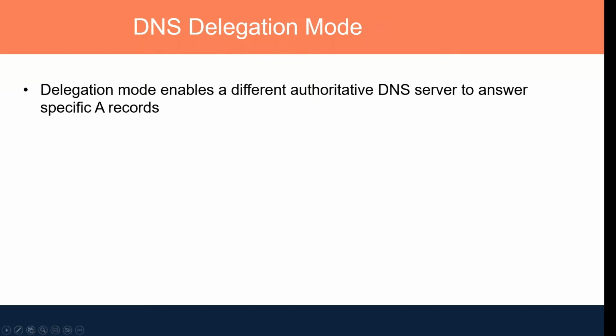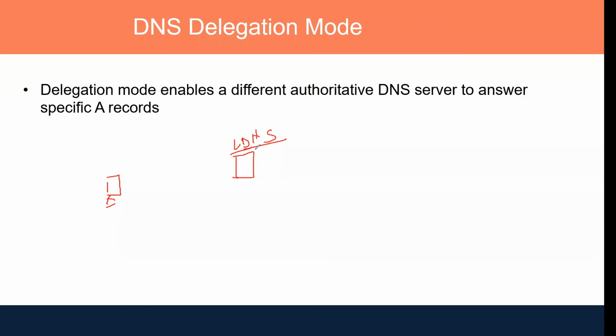Let's say this is your primary DNS server in your organization, this is the client, and this is the primary DNS server or LDNS, the local DNS server or resolver. Let's say this resolver is down due to maintenance or a power failure or anything.